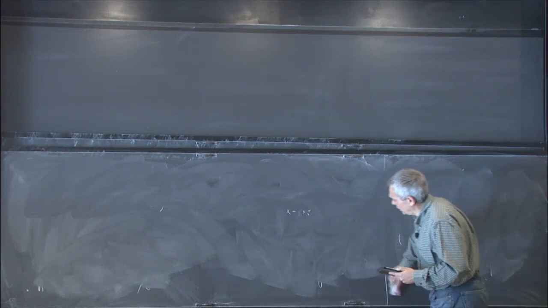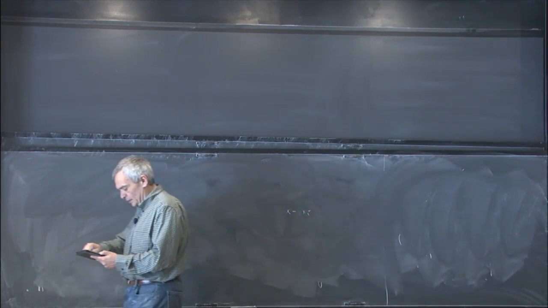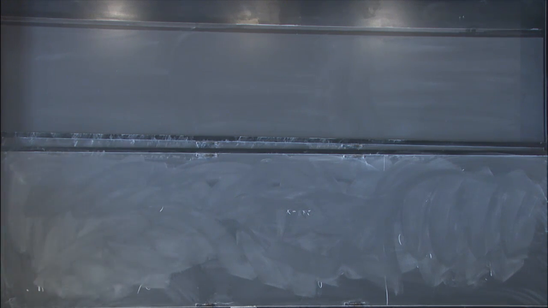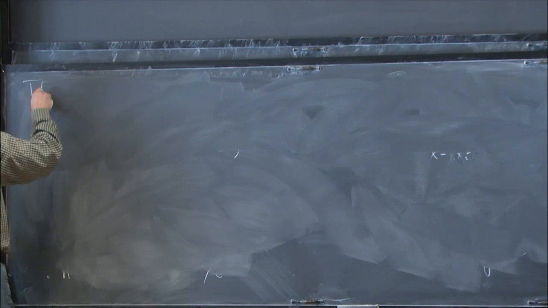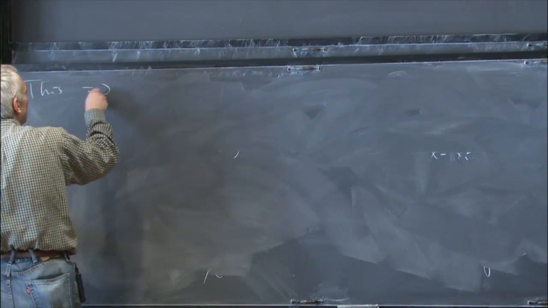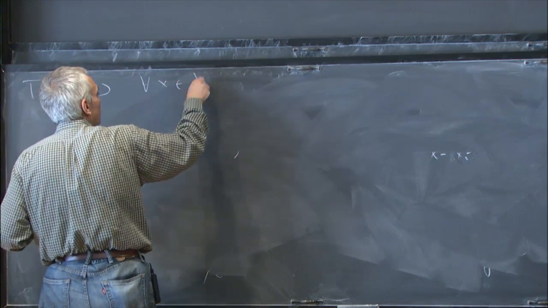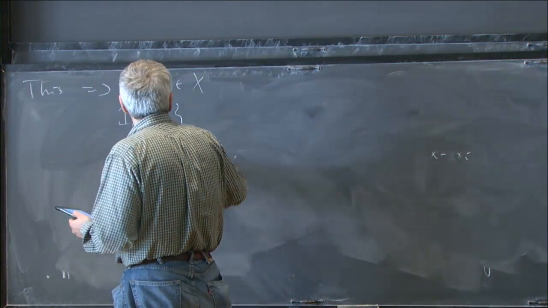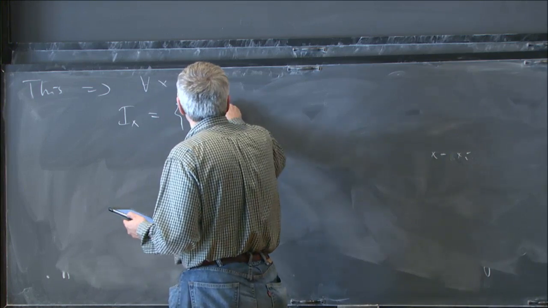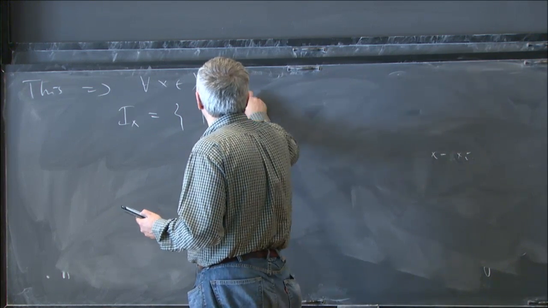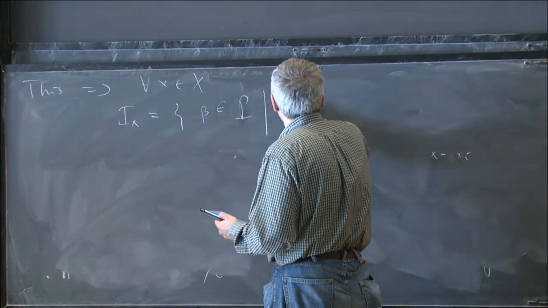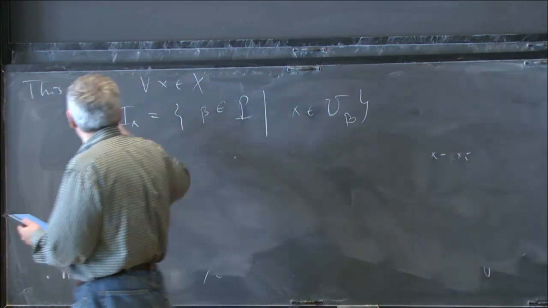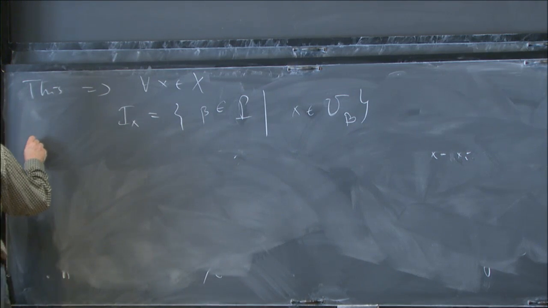But this property guarantees that if you take the star of every point, so for every closed point in X, the poset which consists of all beta in P such that X belongs to U beta, this has a contractible realization.